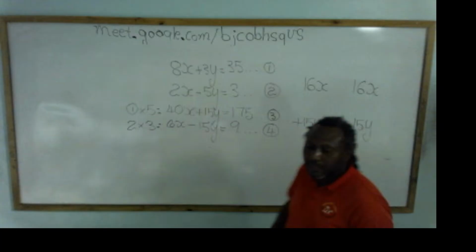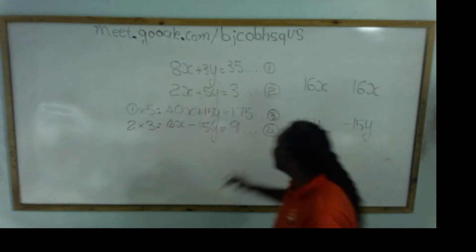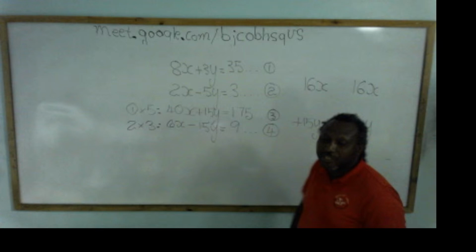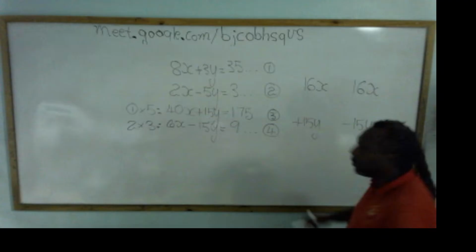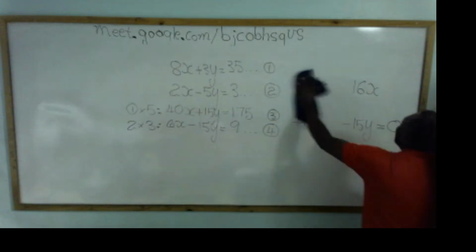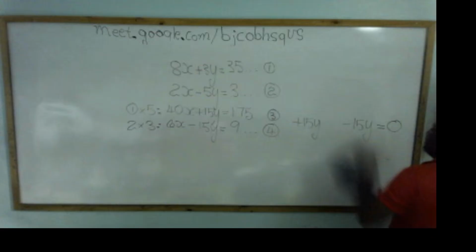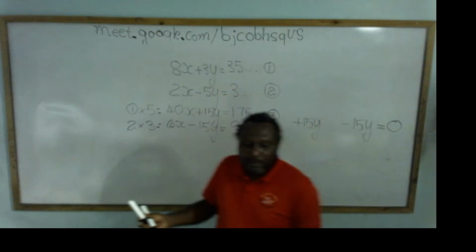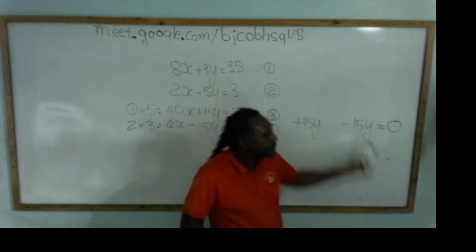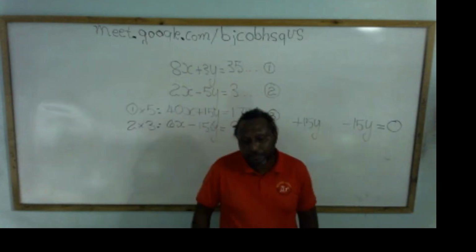Now, if that be the case, what sign would we put between them in order that the result is 0? So when we eliminate them, the result will be 0. What sign do we put between them in order that the result is going to be 0? Or, not limiting it to a sign, what may we do to these two to make sure that the result is 0?